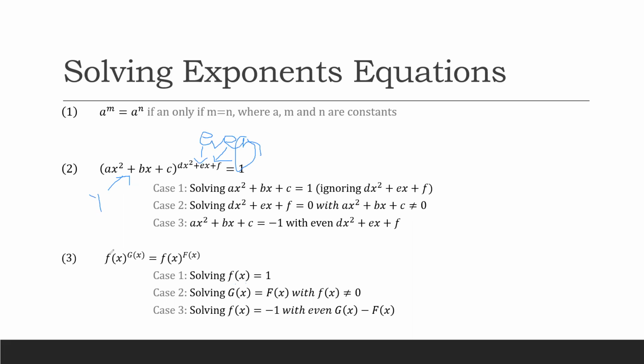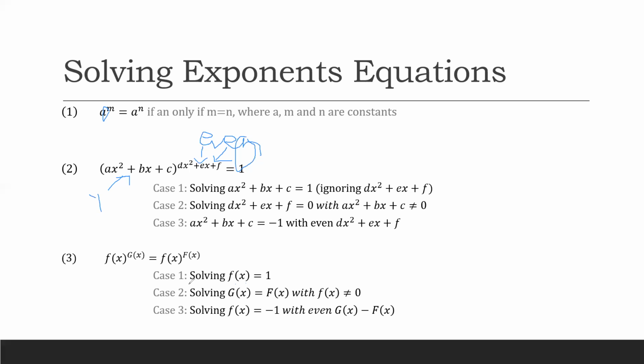And so here you have this equation f(x) to the g(x) is equal to f(x) to the f(x). Again, one way you can solve this is if f(x) is equal to 1, because 1 to any power, again, is still 1. For case 2, you can solve for g(x) is equal to f(x), because again, if you have the same base and the exponents are also the same, then this is equal.